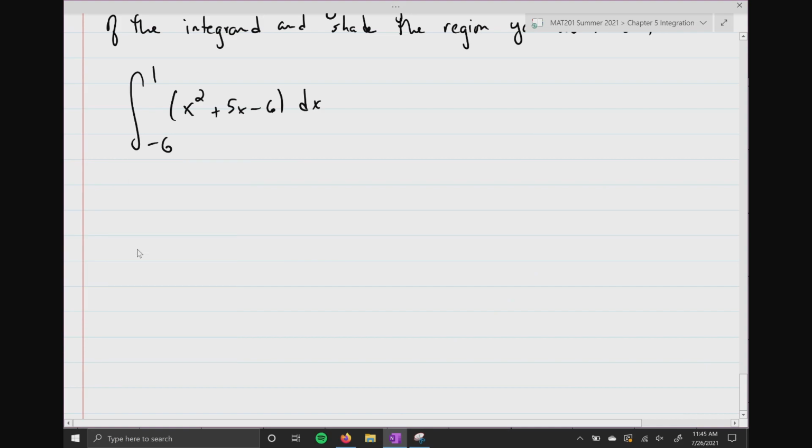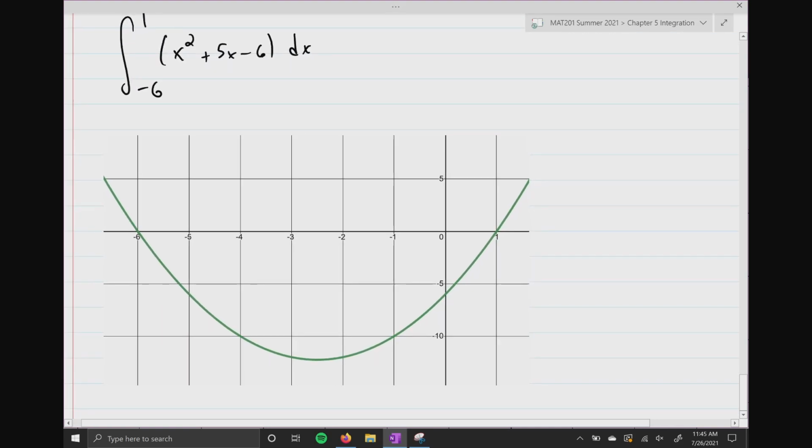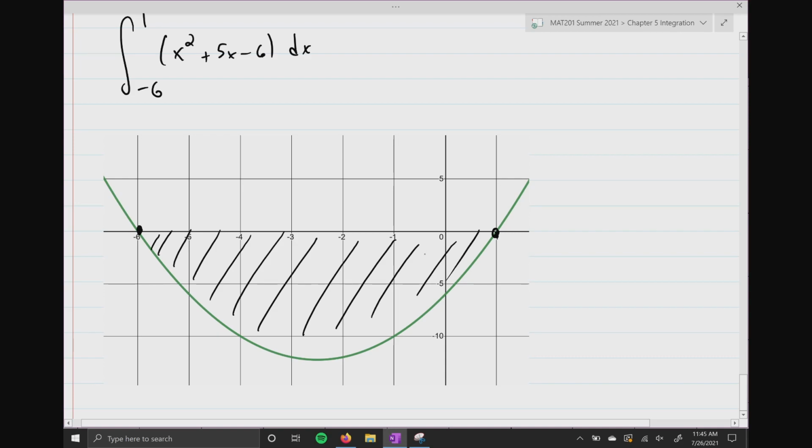All right, so here's our sketch graph. It's a little bit better than sketched. But notice we're going from -6 to 1. And there's the area right there. So hopefully, when you're looking at this, you're thinking, okay, my area better be a negative number because I'm below the x-axis. The total part of this region is always below the x-axis.